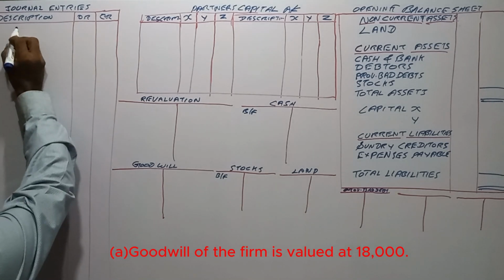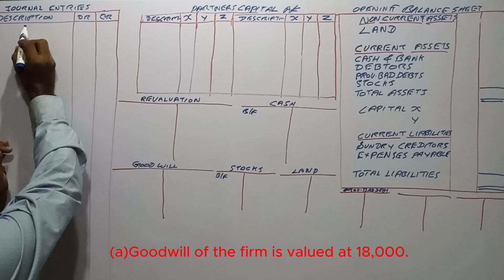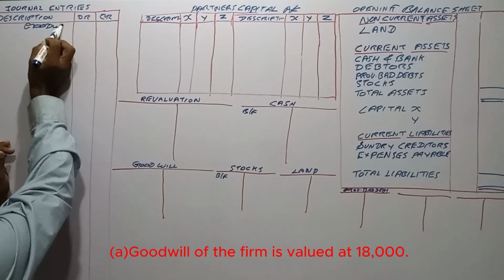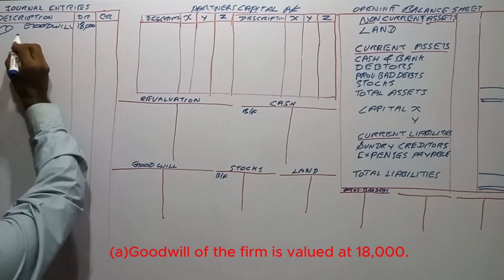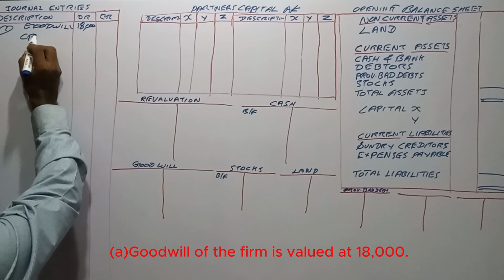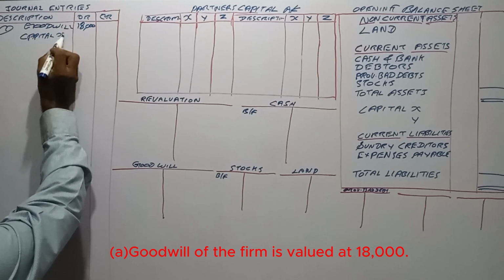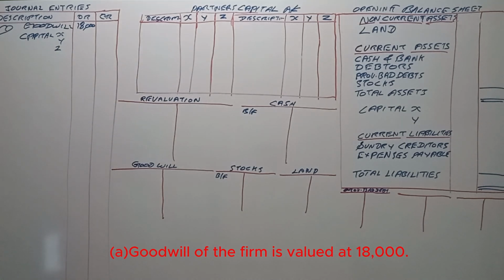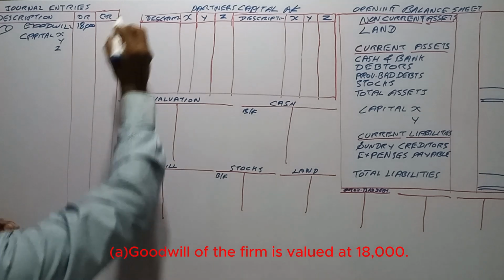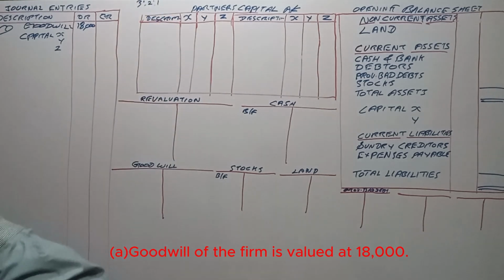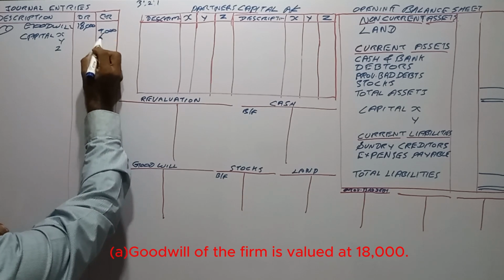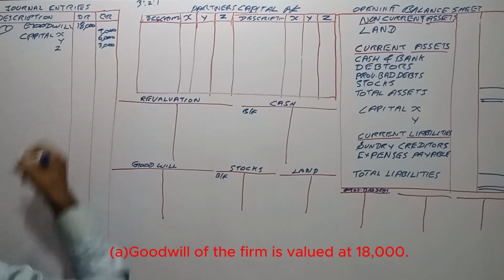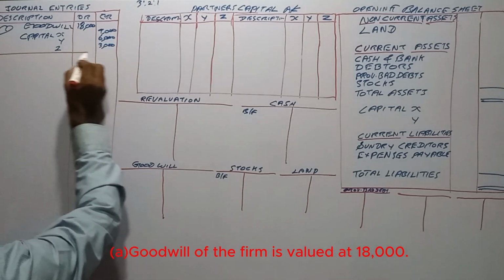Goodwill account debit 18,000, and capital account of X, Y, Z credited in the profit sharing ratio of 3 is to 2 is to 1, so 9,000, 6,000, and 3,000 is the double entry for creating the goodwill.